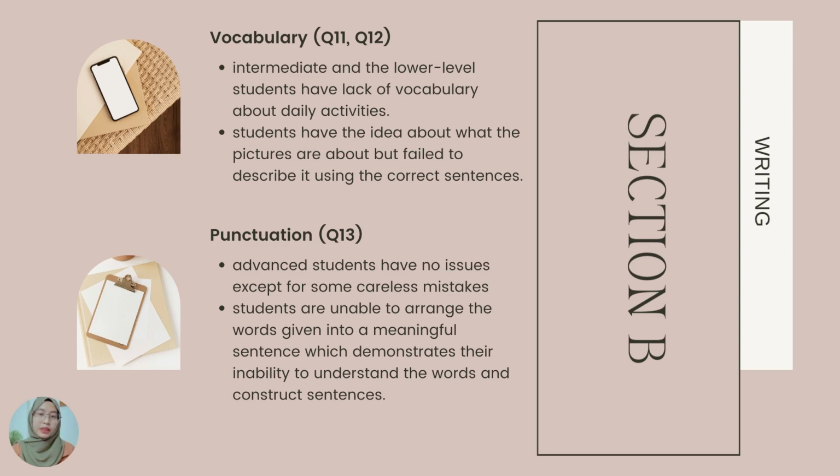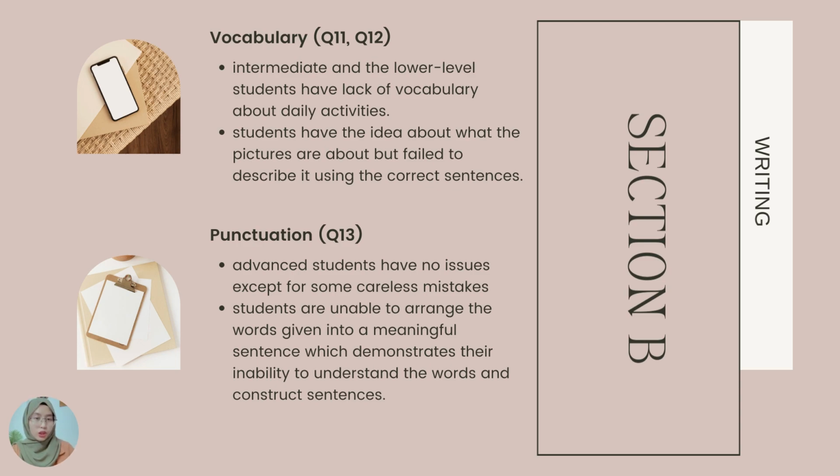Based on section B that focuses on writing skill, the teacher found out that the intermediate and lower level students lack vocabulary about their daily activities. For instance, in questions 11 to 12, the students have an idea about what the pictures are about, but fail to describe them using the correct sentences.